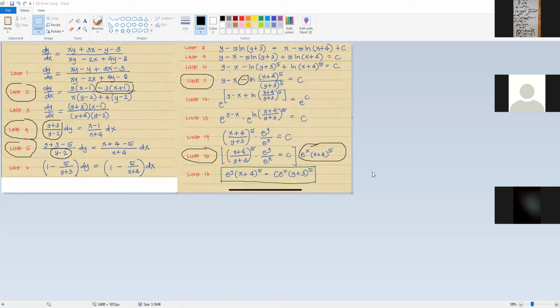So kung halimbawa, 16 lines yan. Yung choices ninyo ay 16. So you need to identify all of the errors pertaining to the lines na dun sa solution mismo. So it's nakalista yung solution and you need to find which is wrong. So halimbawa 5 yung naging error. So line 2, 4, 5, 11, and 15 are wrong or mali doon sa solution na given.